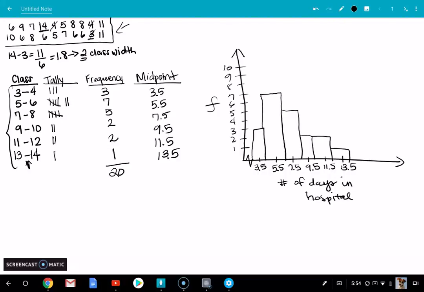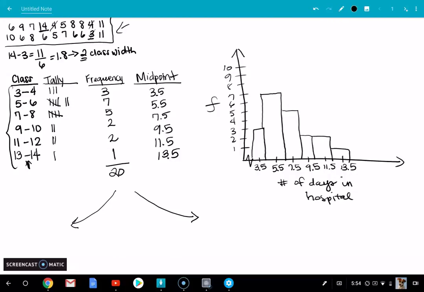And so the last question within this question is, what type of shape does the histogram have? If you look back to your notes, we have 4 different types of shapes. Either skewed right, which means it curves and descends to the right. Then skewed left, which means it descends to the left.